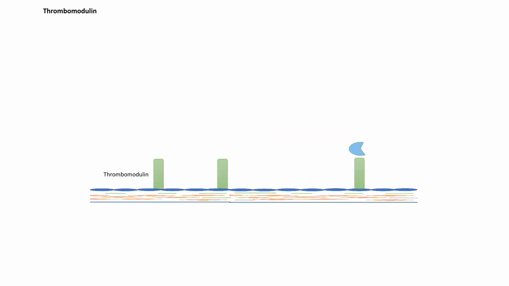Another important component of the anticoagulant system is thrombomodulin. As the name suggests, it modifies the actions of thrombin. We know factor 5 and factor 8 are two important cofactors in the clotting cascade. Thrombomodulin results in inactivation of these cofactors.